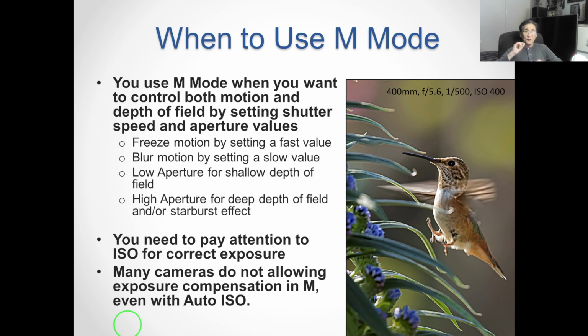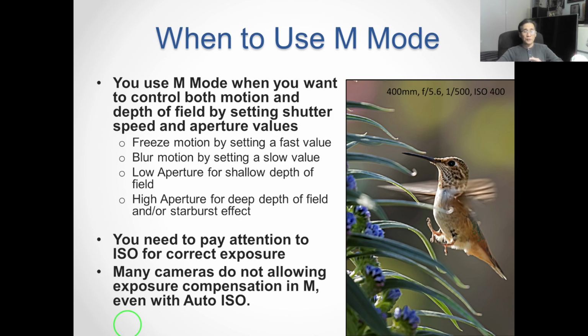And if the camera reads it wrong, then you need to help it with either exposure compensation, as we discussed in the previous slide, or metering. And many of the cameras do not let you do exposure compensation, only spot metering in M mode. Luckily, all of my cameras give me that option, so I don't really have a problem.